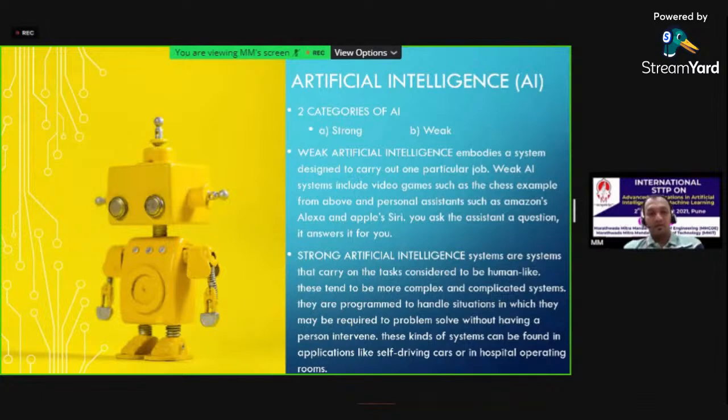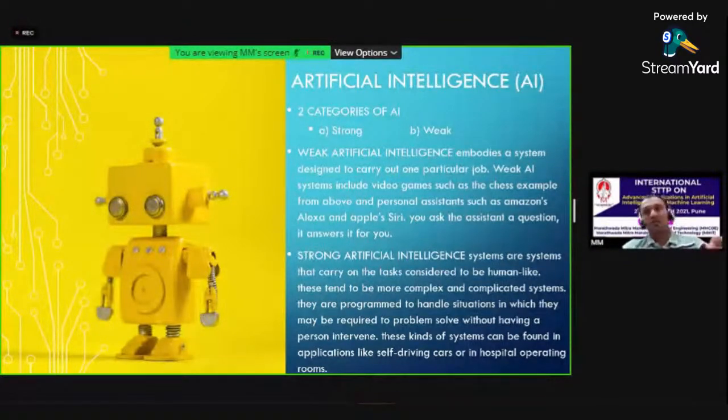When you give a command, it will respond to that command, with information inputted and information output. So you give the command, it responds to that command. That is a simple, plain task.